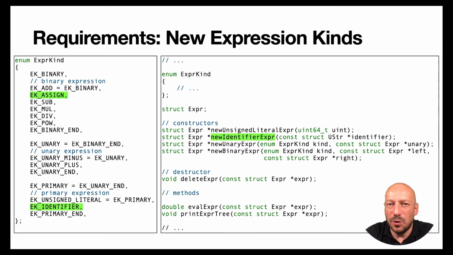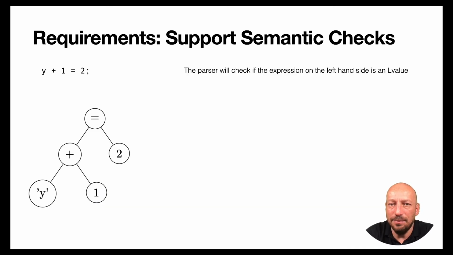Then you also have to know that the parser is not only checking the grammar in the next session, it's also doing some semantic checks. This will be kind of a requirement. The grammar that we specify will allow that on the left-hand side we have something which is not an L value.